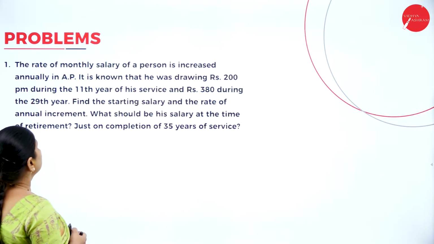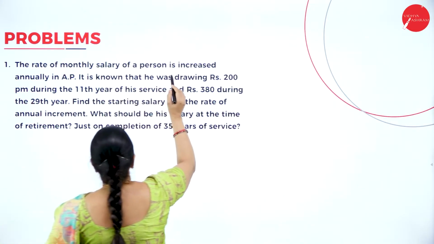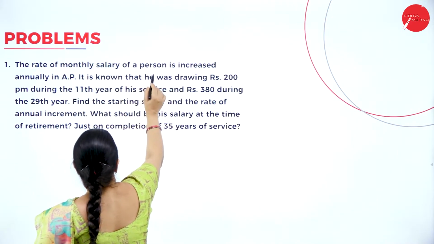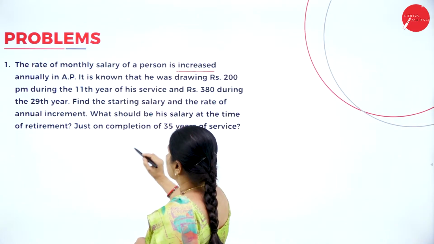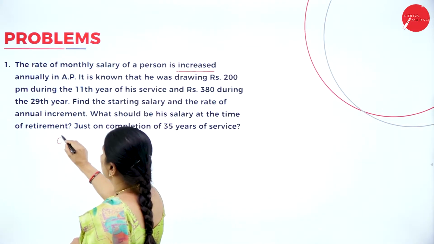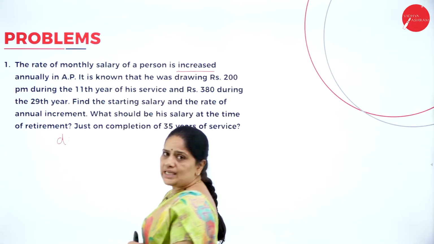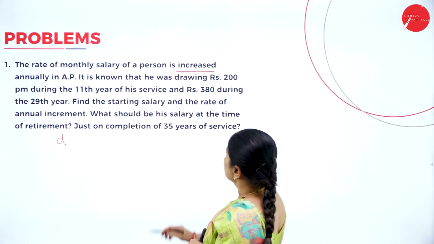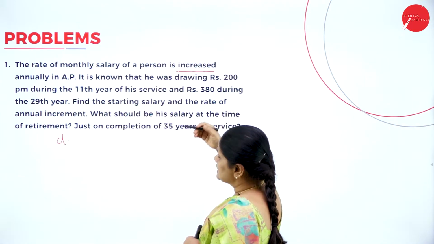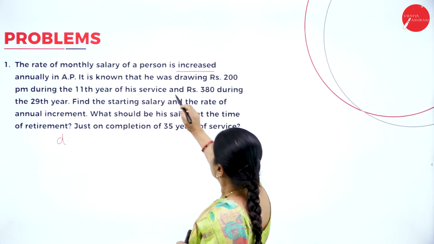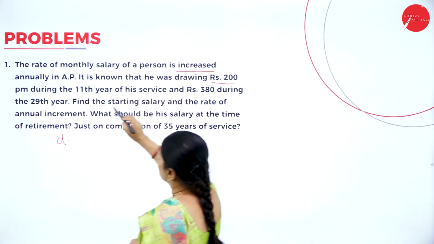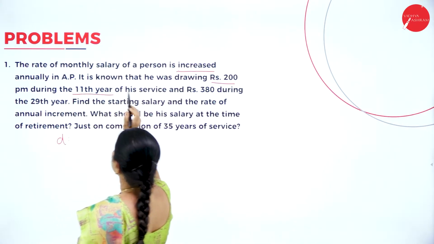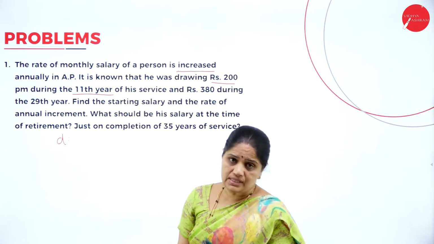So, we have to correlate this problem with the formula. They have asked what the rate of increase of monthly salary is. So, the rate of increment they have asked. In other words, we should know what D is here. D is the common difference, the increment he is getting every year. They have also told us he was drawing rupees 200 per month during the 11th year of his service.